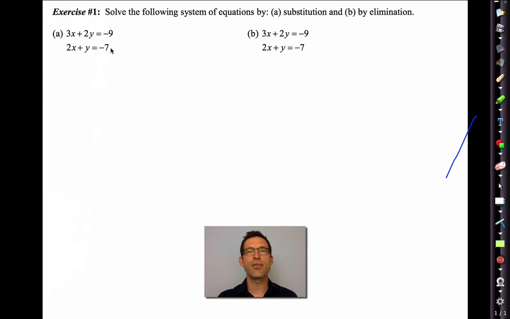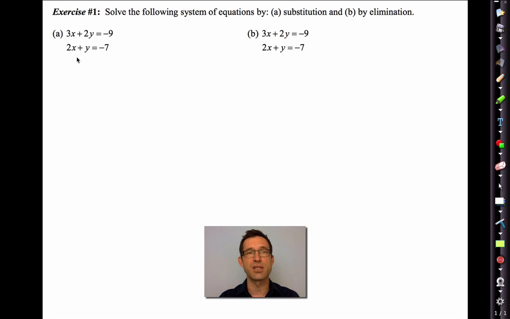If we take a look at this first system, what we want to do to substitute is substitute one equation into the other in order to eliminate one of the variables. Now, this is most easily done if one of the 2 equations is solved for, so in other words, there's y equals or x equals.